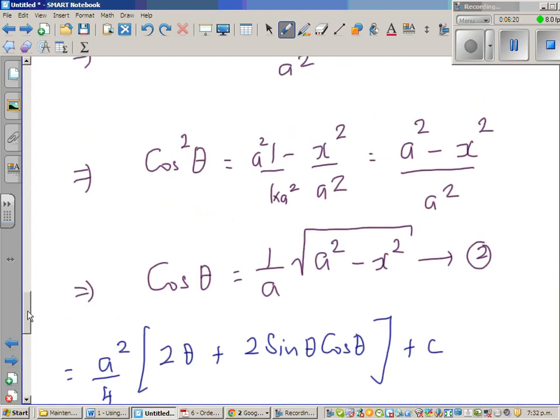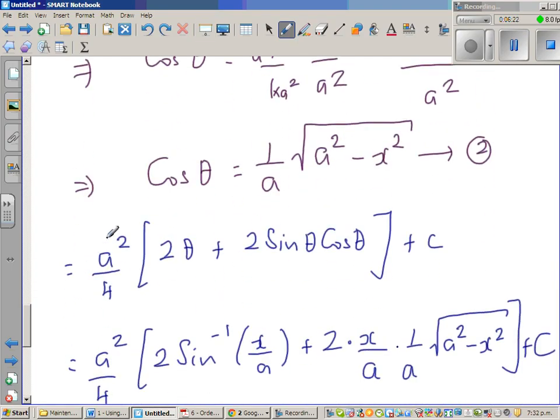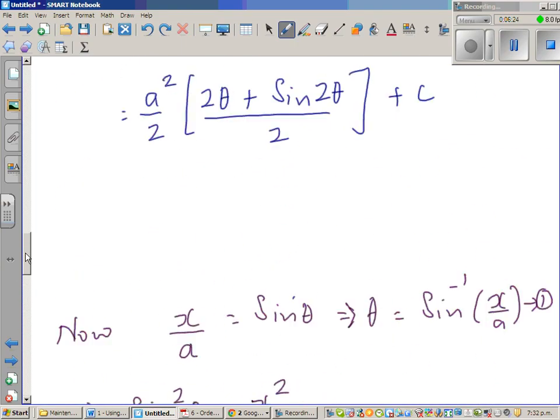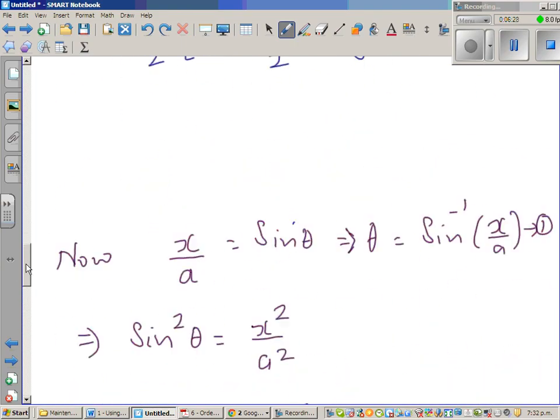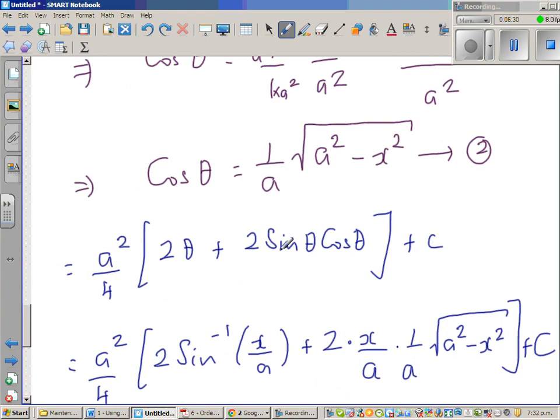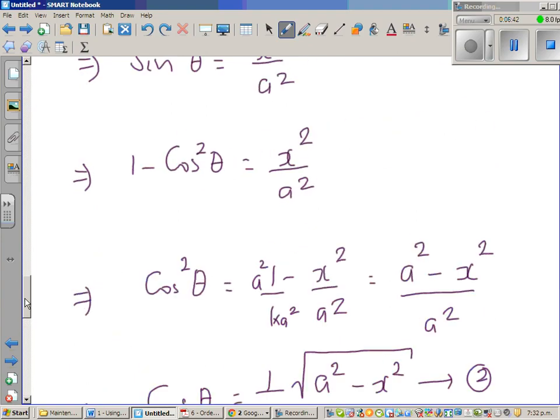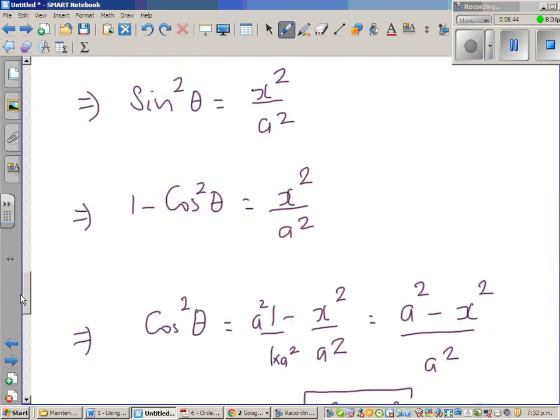So this is actually copied and pasted from here. This and this are the same, so a squared over 2, this form. Now I'm simply substituting. I know sine theta is x over a and cos theta is 1 over a square root of a squared minus x squared.